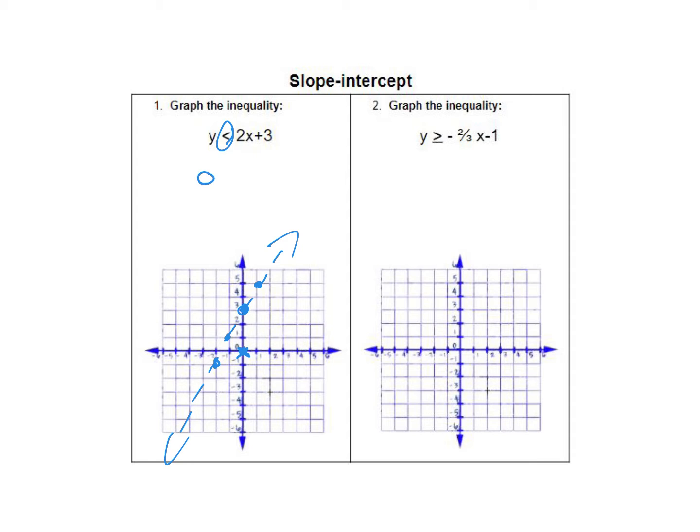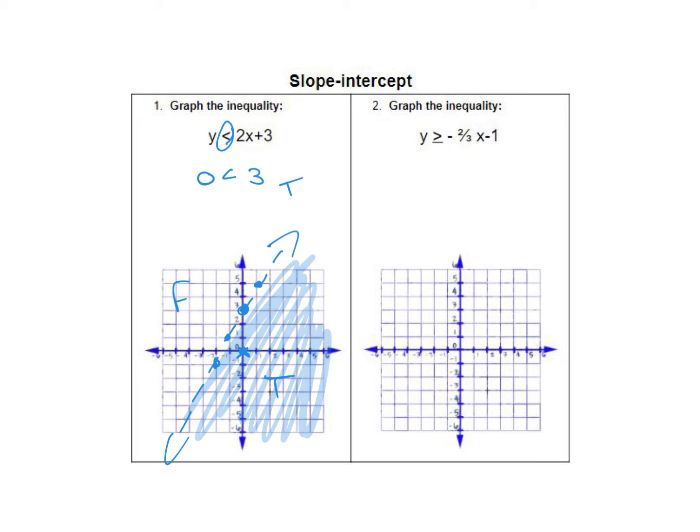If we plug in 0 for y and 0 for x, 2 times 0 is 0, is that less than 3? If that statement is true, we are going to shade the true side. Again, because that makes that whole side true, and the other whole side false.